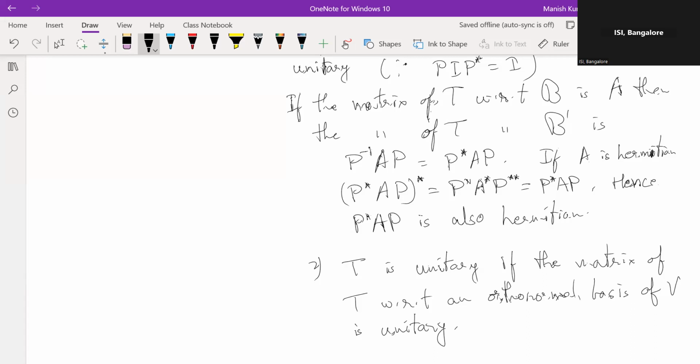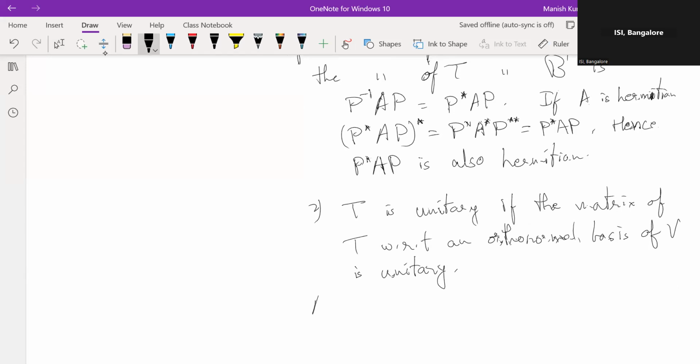Again, this is well defined. I'll not write down the argument, but it's the same argument.